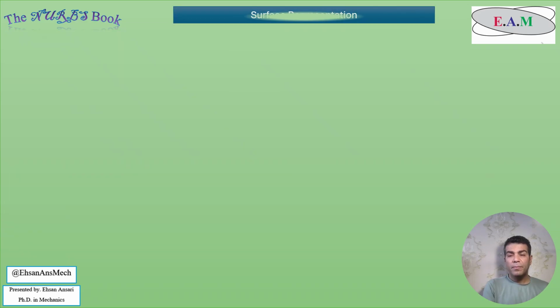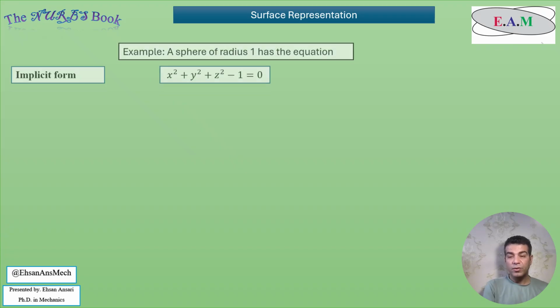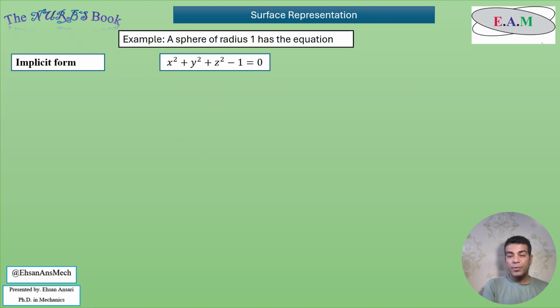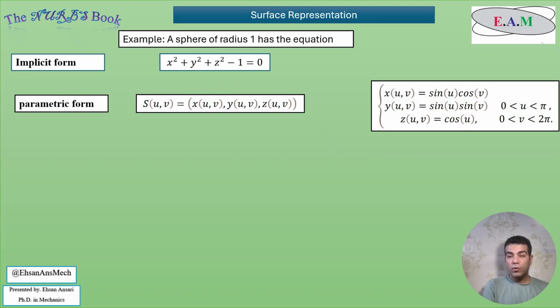Now let's move from curves to surface representation. Take a sphere of radius 1 as an example. In implicit form, the equation is x² + y² + z² - 1 = 0. In parametric form, we use two independent parameters, u and v, in parameter space.